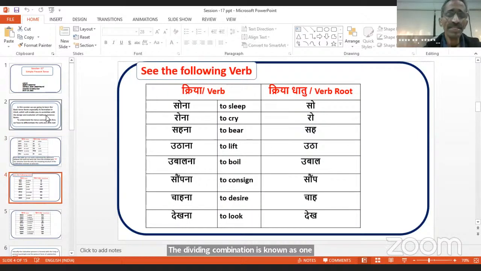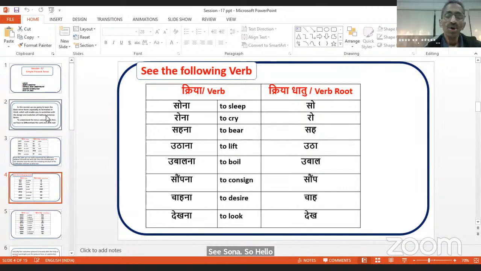Now see, some other examples. Sona, that's a kriya, the meaning itself stands for to sleep. Rona, to cry. So sona, if we want to frame the verb root, automatically na will detach from the construction, and the remaining part will be so.